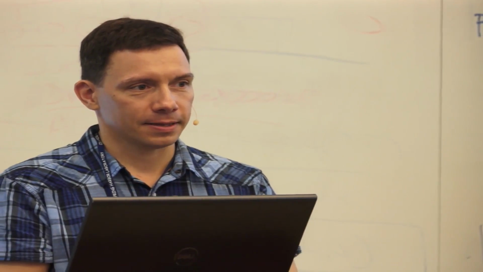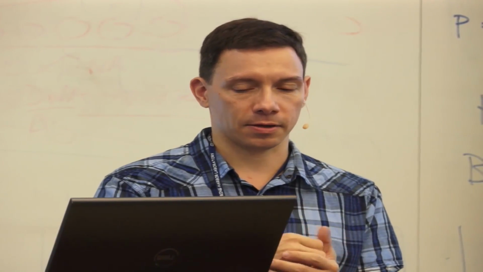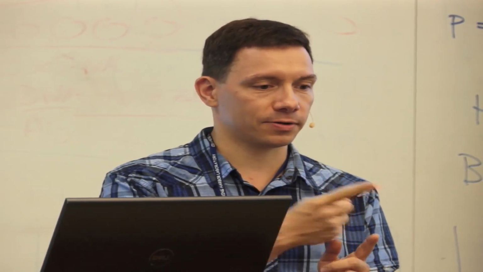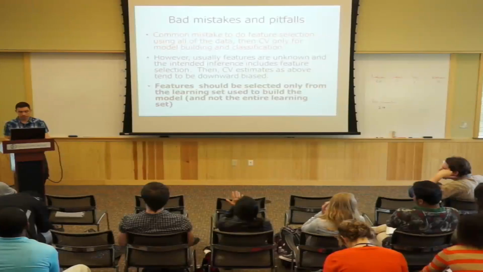Now, as you cycle through the bins, when you have the next bin, you have another 90 subjects. Again, you apply your t-test to find 200 differentially expressed genes using these 90 subjects only. So you never use the test data in the feature selection step. That's a critical thing.